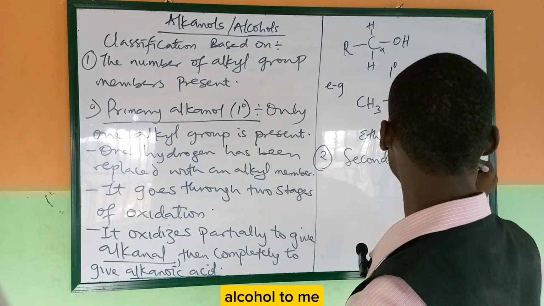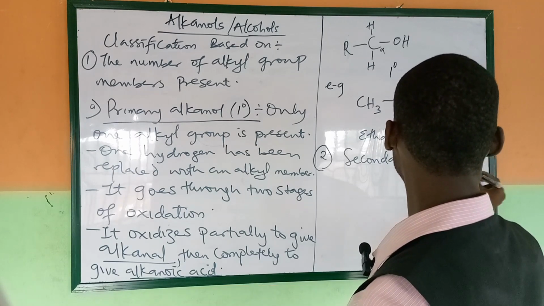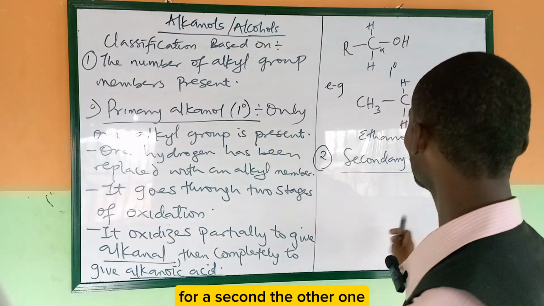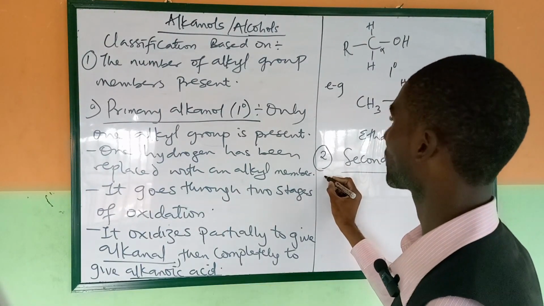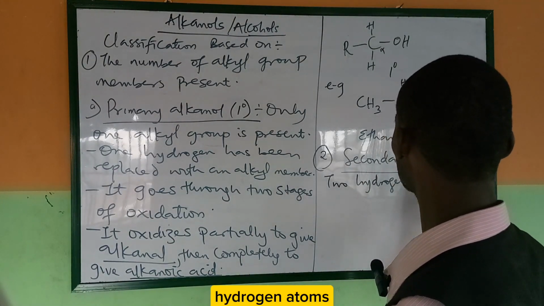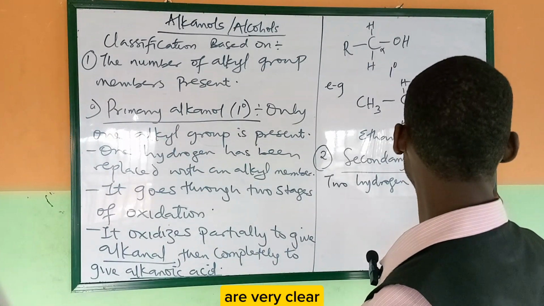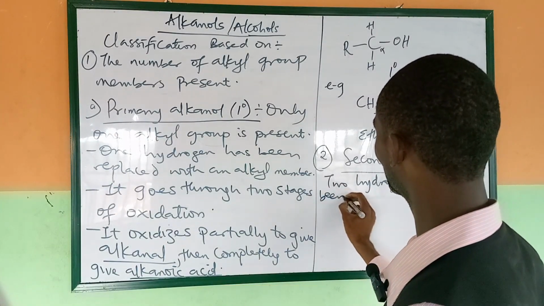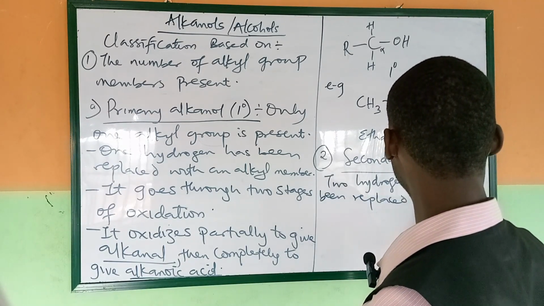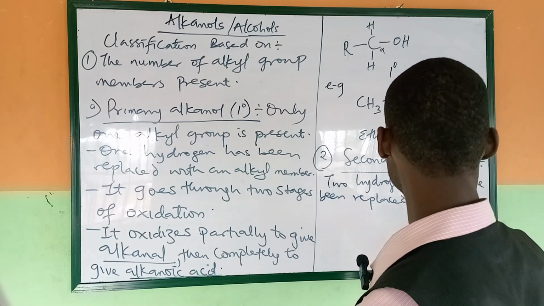So number two is the secondary alkanol. Let's see what secondary alkanol is. For secondary alkanol, two hydrogen atoms have been replaced by alkyl members.